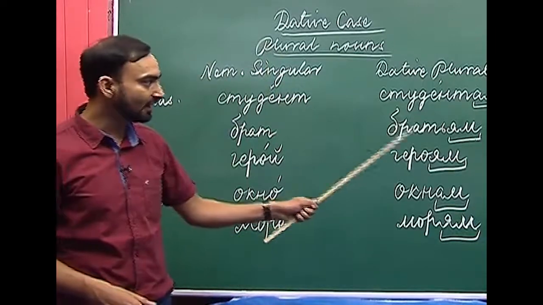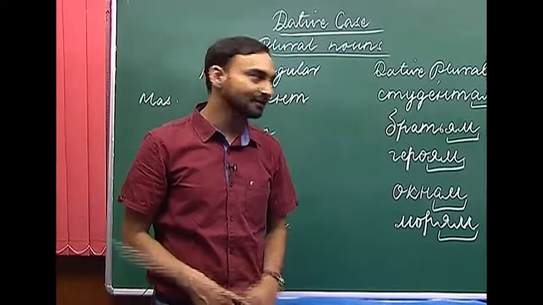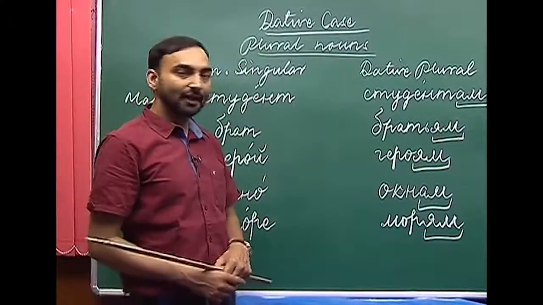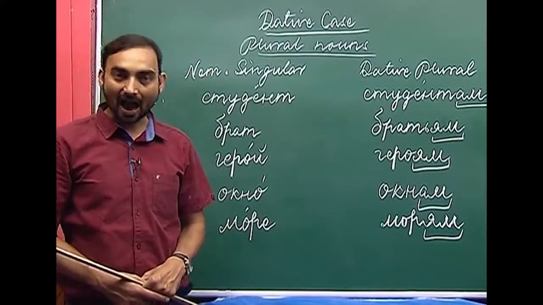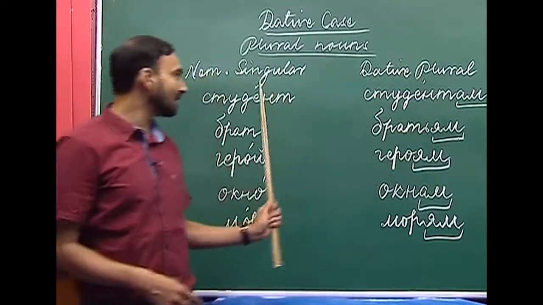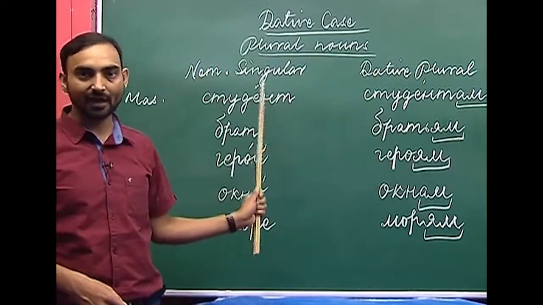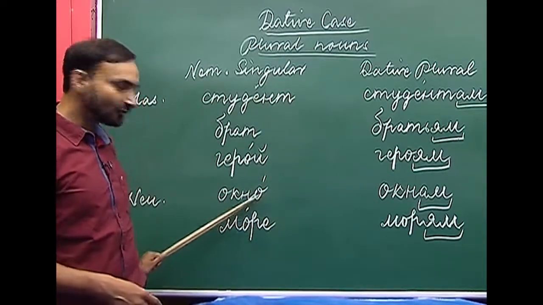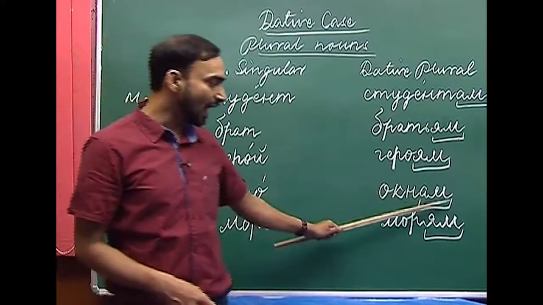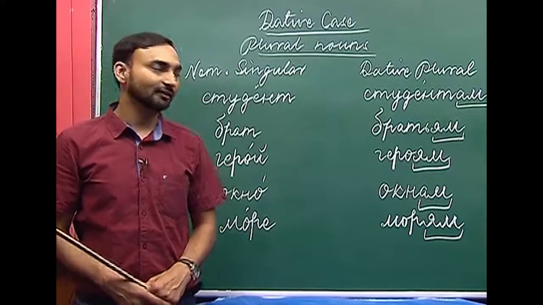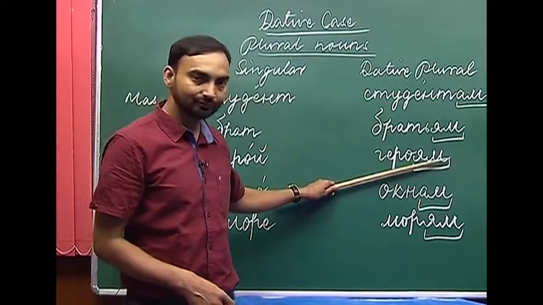So, here as you can see, we have used two endings, am and yam. If a noun ends with a hard ending, then we use am. For example, in student, which ends with a hard consonant, and akno, hard vowel o, we use am. But if a noun ends with a soft ending, then we use yam.